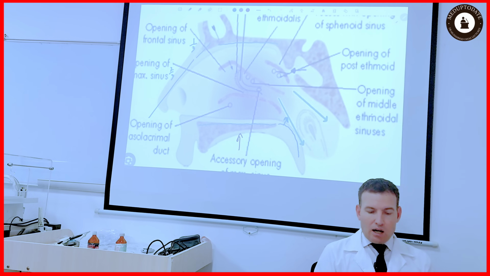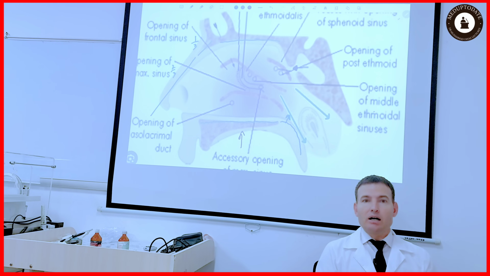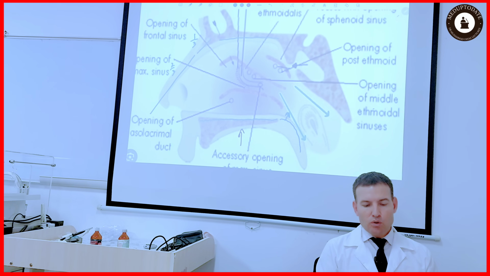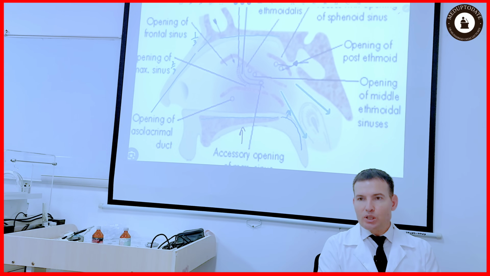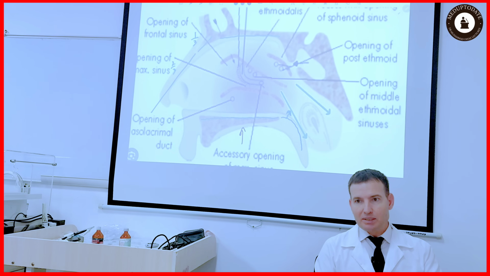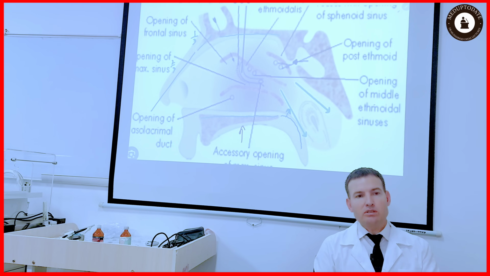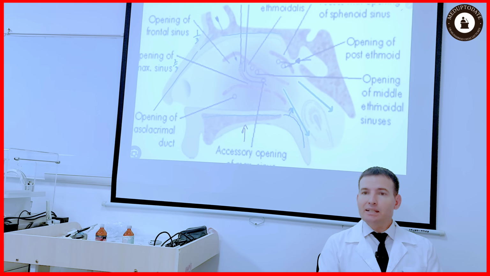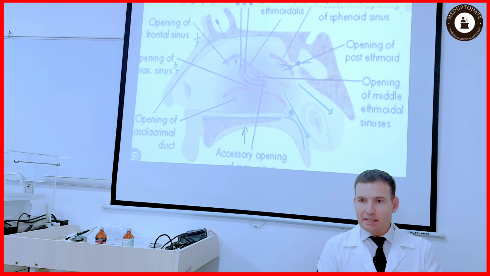Okay. Now, once you know the boundary of the nasal cavity, we will discuss the internal structure of the lateral wall, because this is very important. Why is this important? Because all the paranasal sinuses open into it.